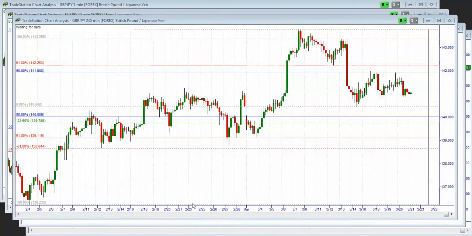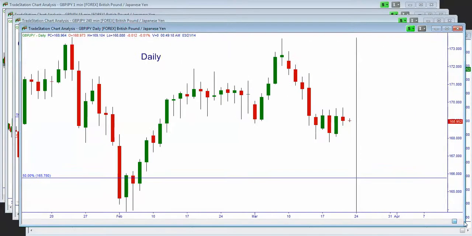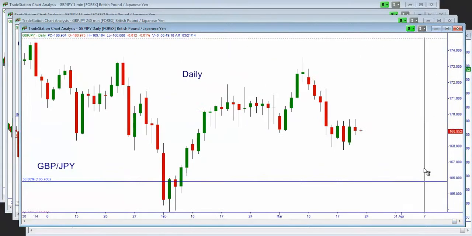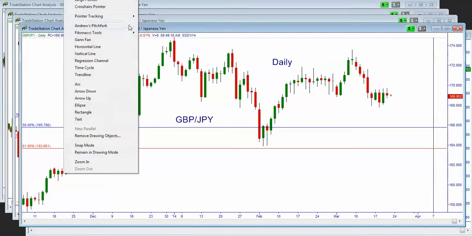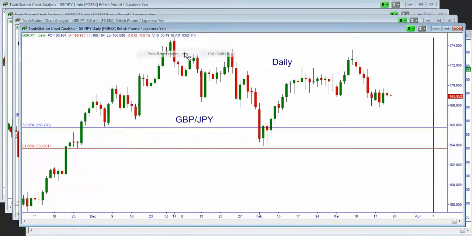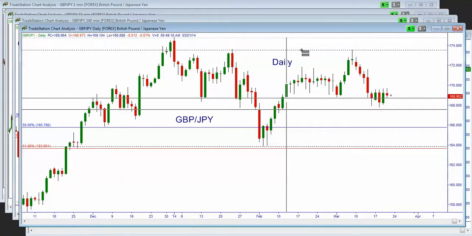Moving to the pound versus the Japanese yen, it's important now. We see again the same pattern that we see on all the Japanese majors here, and we have support as well for this market.